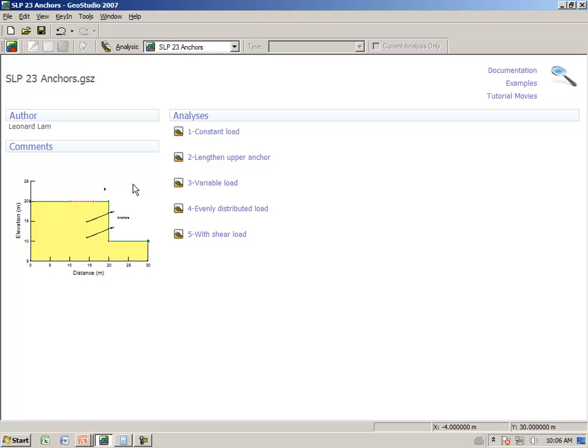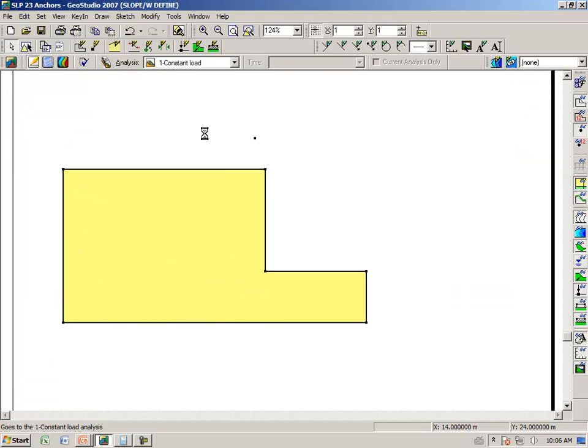When you open up SLP 23 and you click on the GeoStudio icon here, the start page, you will notice that there are 5 different analyses in this file. We're going to start with the first analysis called constant load.